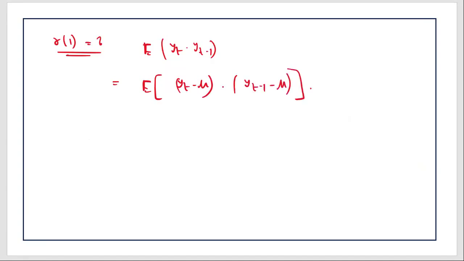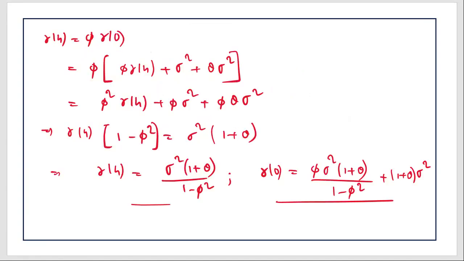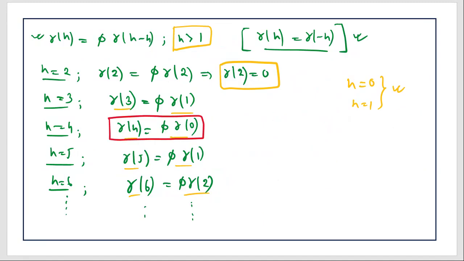Basically this expression, by exactly the similar process that we have followed, you can find this out, and I have already done this for you. The expression that you will get for gamma 1 is something like this. You can check this in your free time. This will be the expression of gamma 1. Now again you have a relationship between gamma 3 and gamma 1 here.